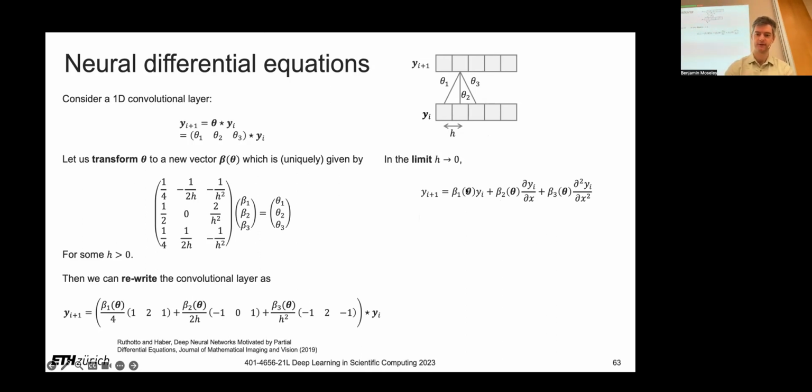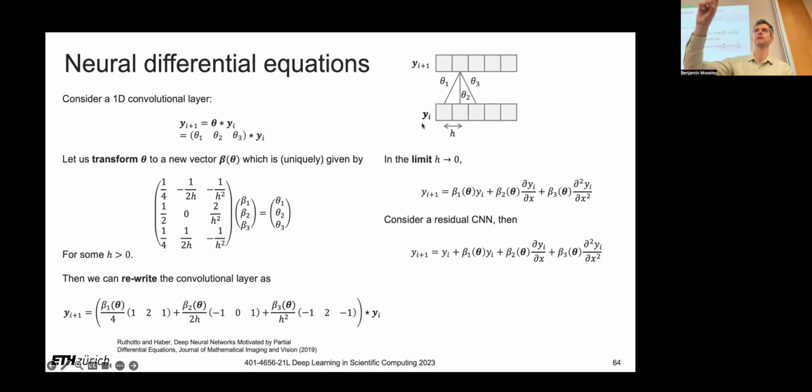Okay, so the last thing we can do is think about a residual convolutional network. This is where we have this convolutional layer, and then we also add the input value to the output. So we add a residual connection, very similar to how a ResNet works. So it would be y_{i+1} equals the convolution plus y_i.